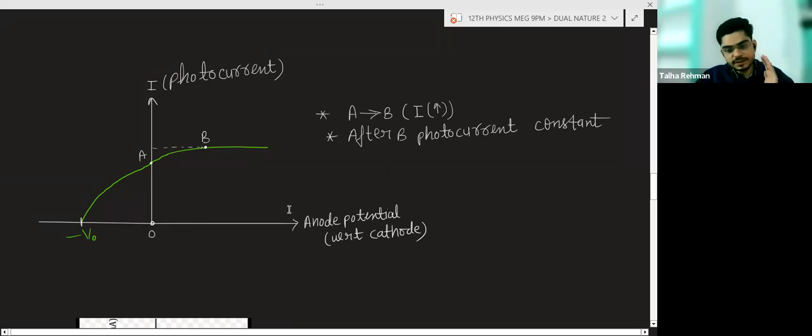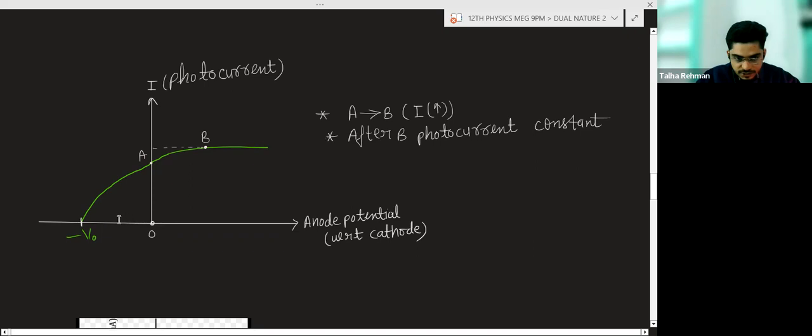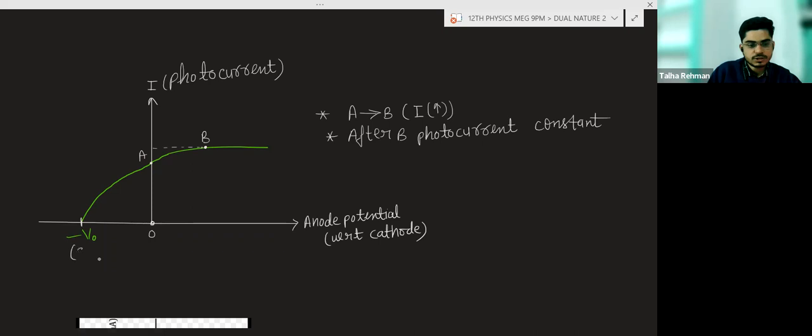Now we will increase the negative potential on the anode. So now this is 0. Increasing negative potential means you are going this side. What will happen when you increase the negative potential on the anode? The photocurrent will decrease, decreasing, decreasing, and finally the photocurrent will become 0 at a particular potential, and that potential is known as the stopping potential.